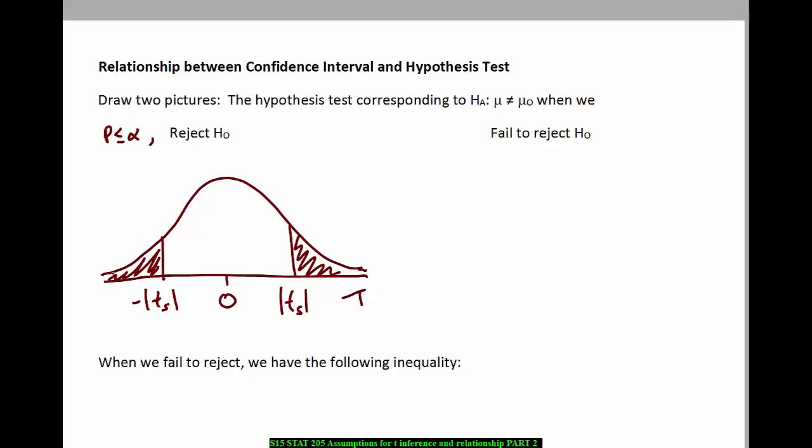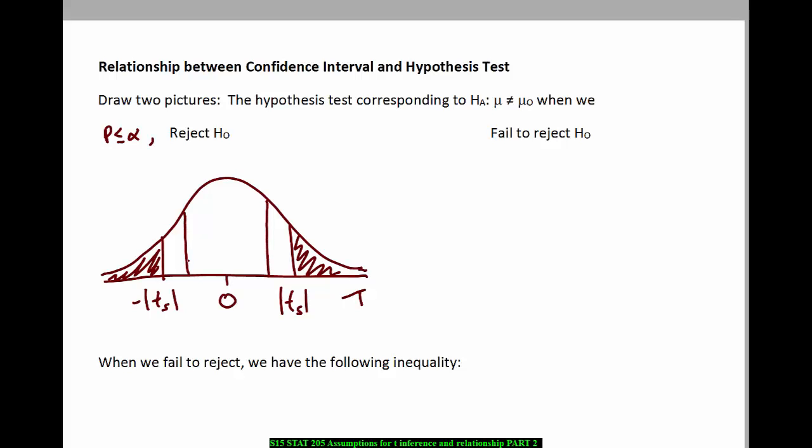Now, it turns out when we think about hypothesis testing in terms of our alpha level, just like we started off with when we did a confidence interval, we're going to put half the alpha in the upper tail and half the alpha in the lower tail. Now, if the p-value is less than or equal to the alpha, we're going to imagine that it was less than.